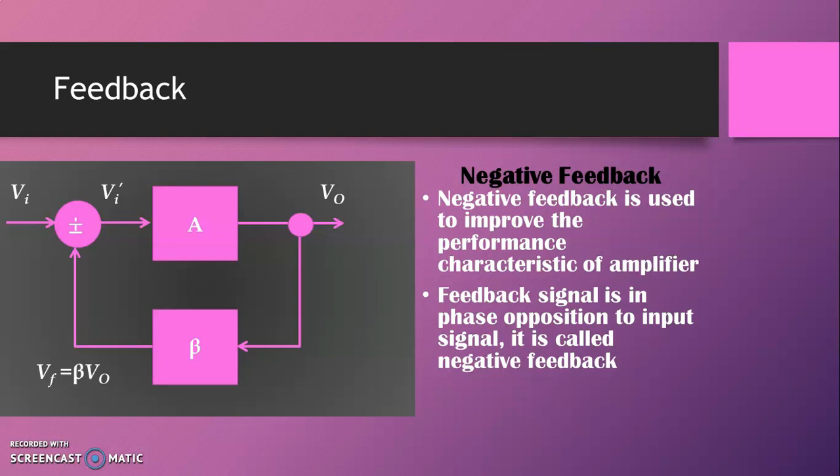It is called negative feedback. And mathematically it can be written as Vi dash is equal to Vi, that is our input signal, minus Vf. Vf is our feedback signal. So both the signals are in phase opposition.